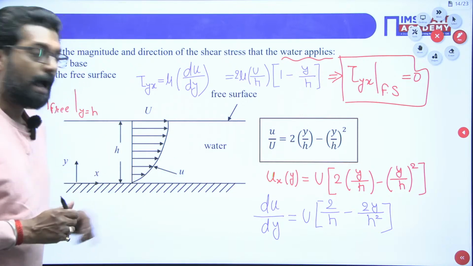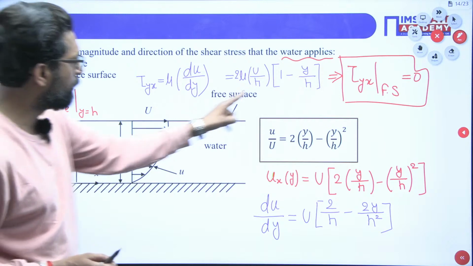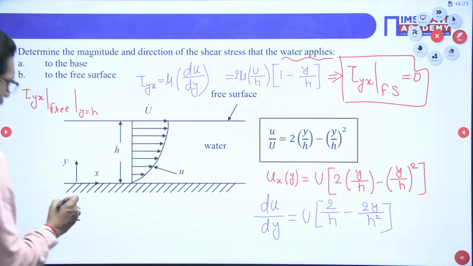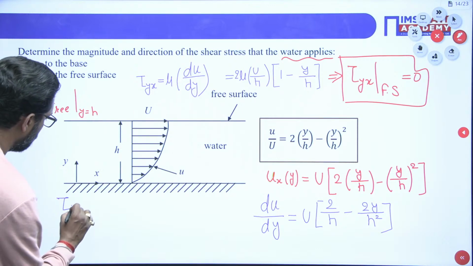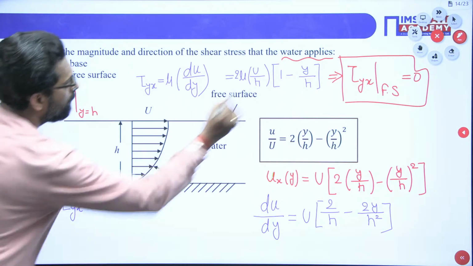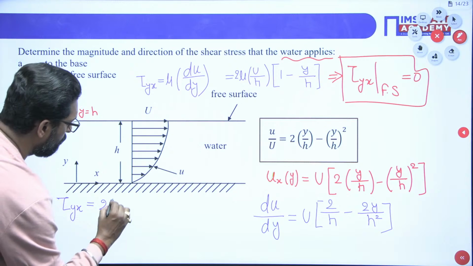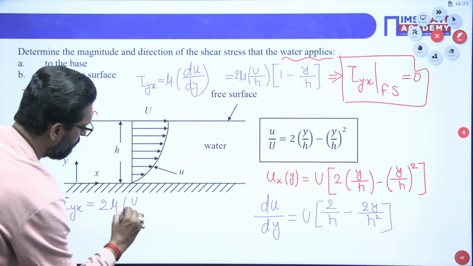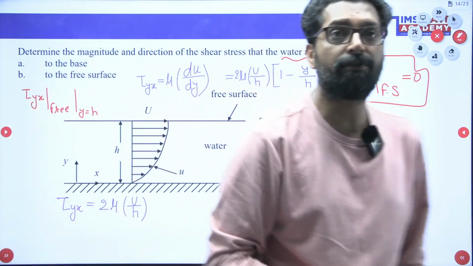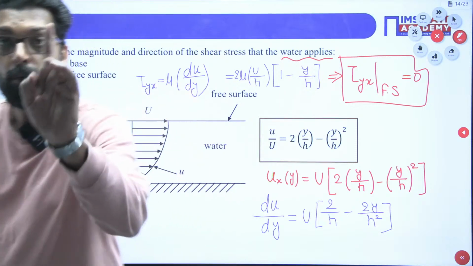Now, at the base, that means y is equal to 0, so at the base this is your 2 mu u by h. That means at the base there is a maximum shear stress and at the free surface there is 0 shear stress. Clear?